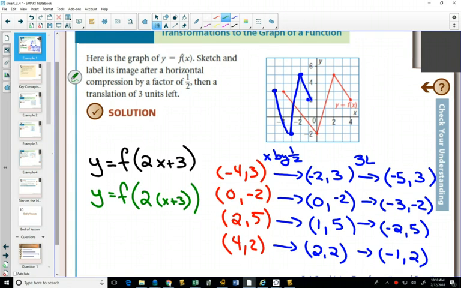Okay. Can you see how both of them look very similar? But the green one, if you distribute it, you would get 2x + 6 inside. So they aren't the same. One has 2x + 3 inside. One has 2 bracket x + 3, which if you distribute it would be 2x + 6.